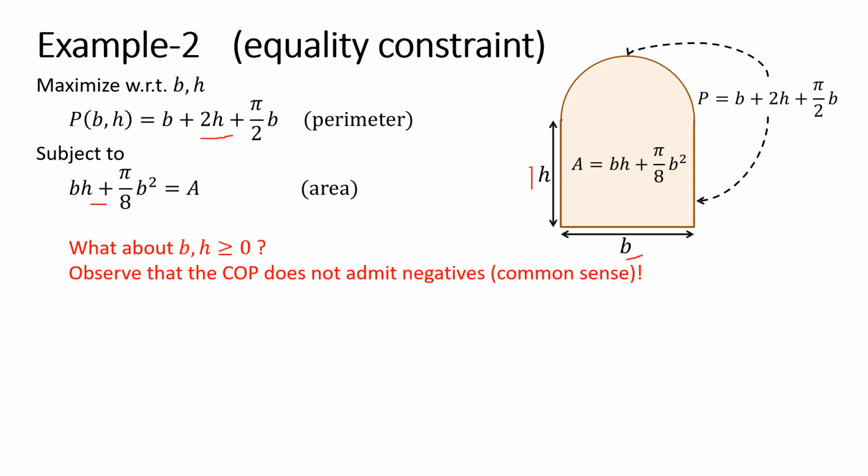And so it's just common sense that the solution will eventually yield b and h greater than 0. So we will ignore these constraints, b greater than 0 and h greater than 0. So we will only have a single equality constraint to pay attention to.